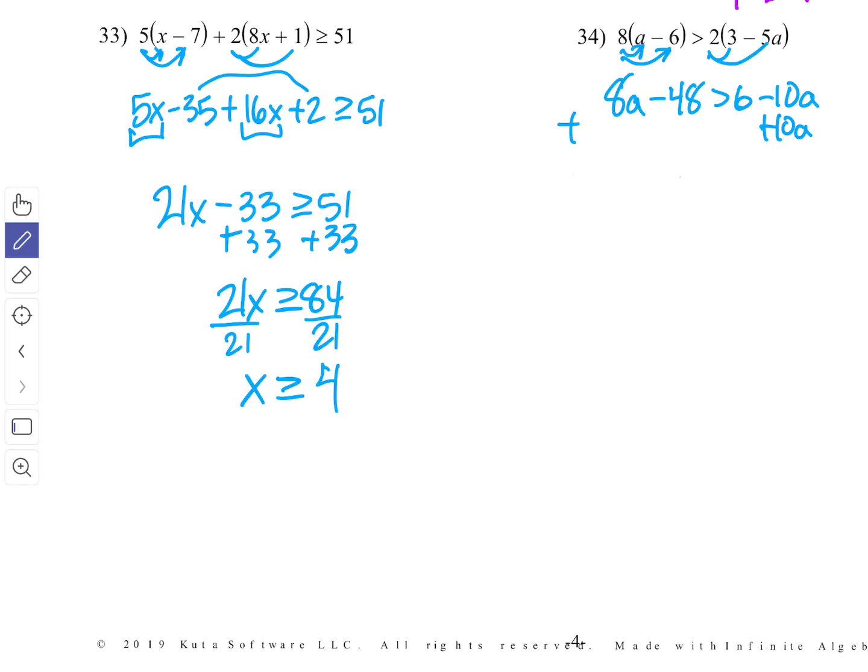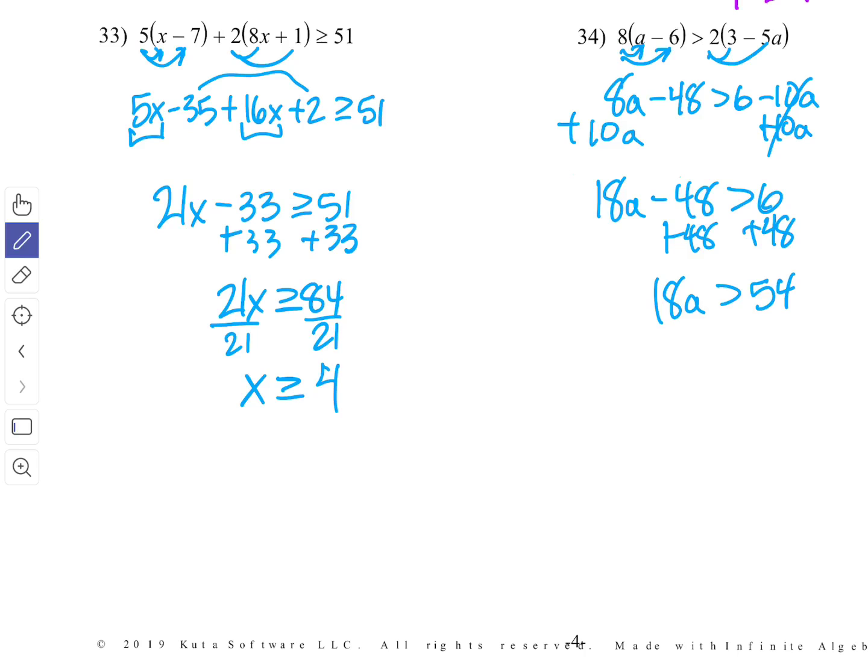Add a 10a to both sides. 18a minus 48 is greater than 6 because that became 0. Add a 48. 18a is greater than 54. Divide by 18, and I want to say that is 3, and it is. So a is greater than 3.